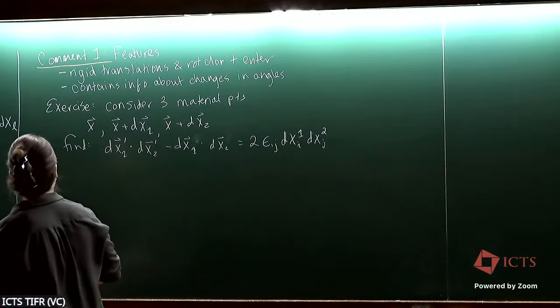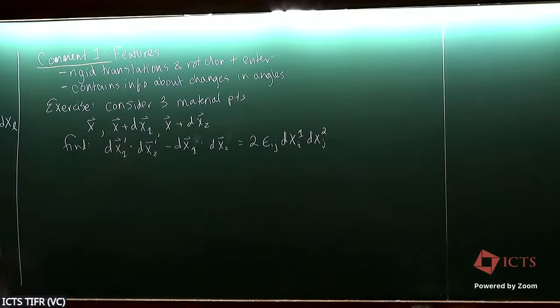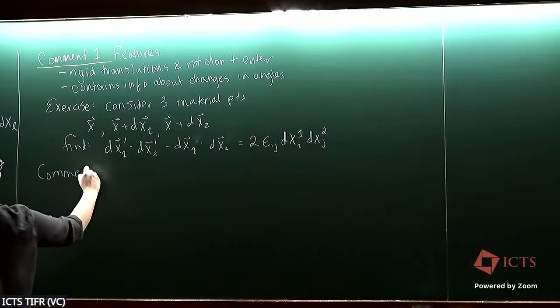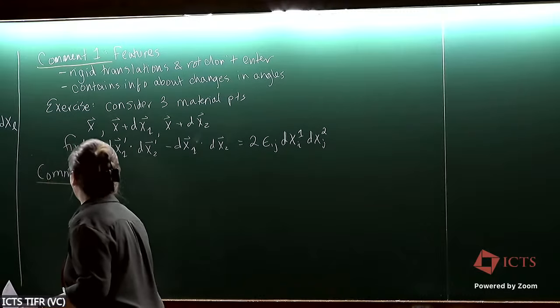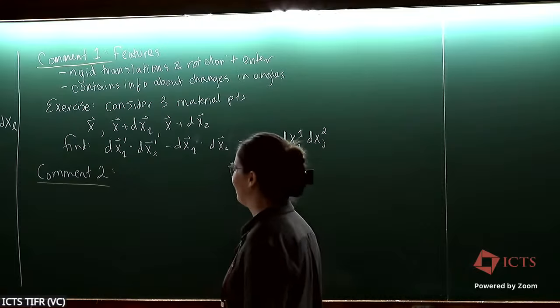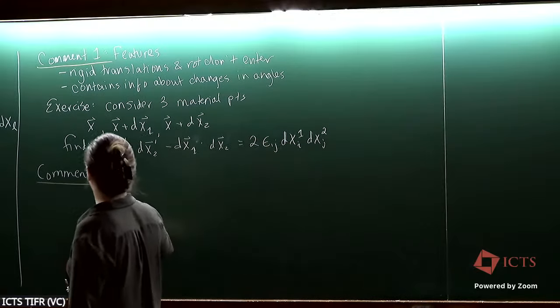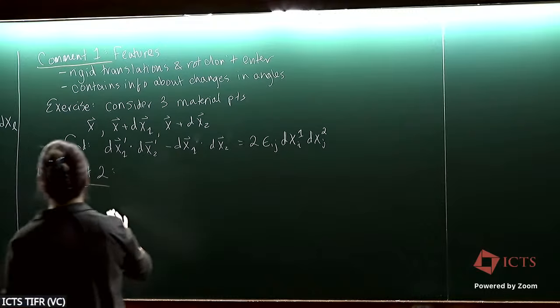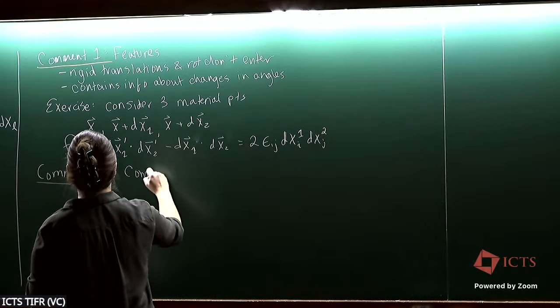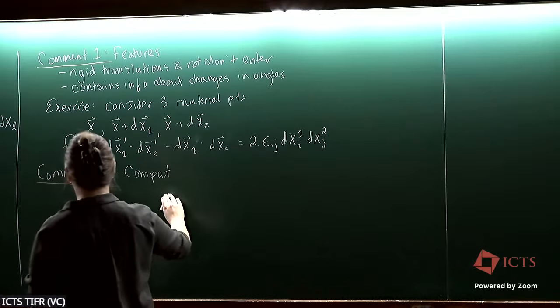I think I have either 4 or 5. And each of these comments could be a whole lecture, or in one case, we'll see, more than a lecture. So this is, again, a lightning overview.